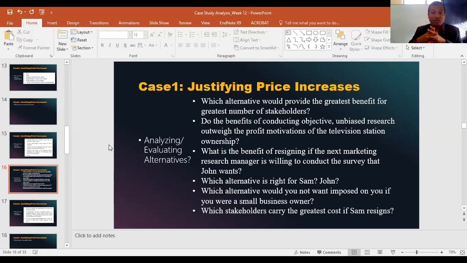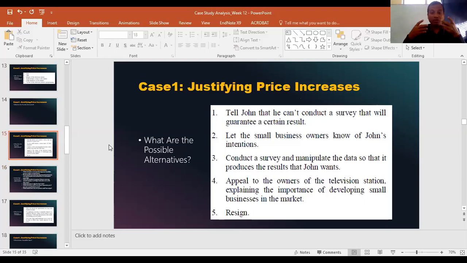Look at the arguments around this one. What are the benefits of resigning? This point is again very important. If you thought you are going to resign, but what will happen if the next marketing manager brought in by John does this for John?